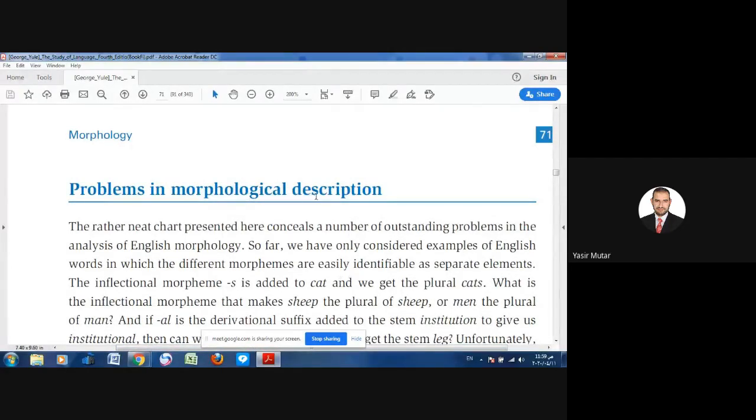Problems in morphological description. The main idea in this section is that it's not always the case that by adding s to a word I can get the plural form.